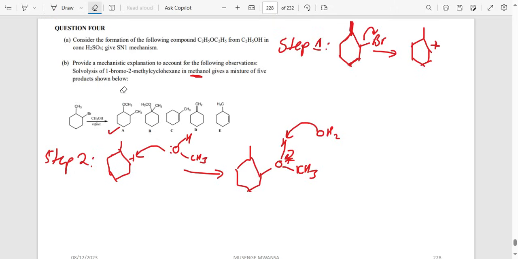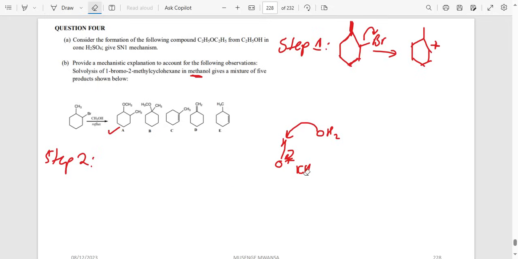Is that okay? Now the next product that can be formed from the same intermediate you have produced here.